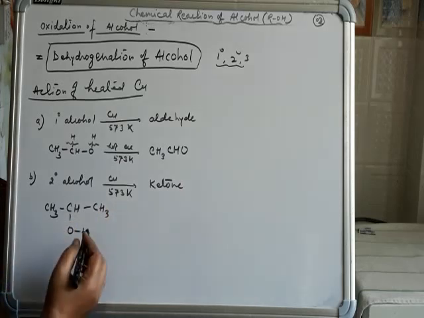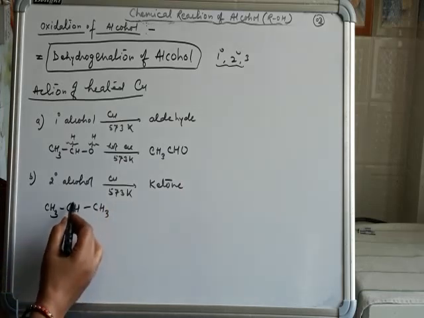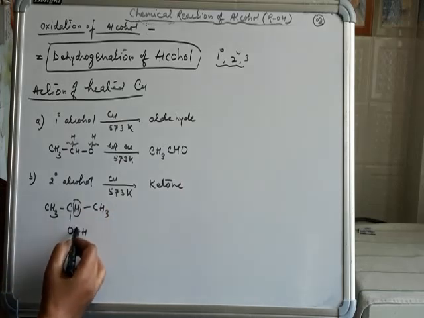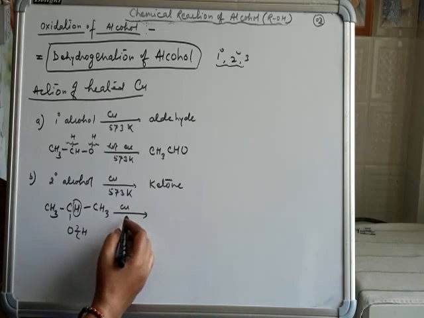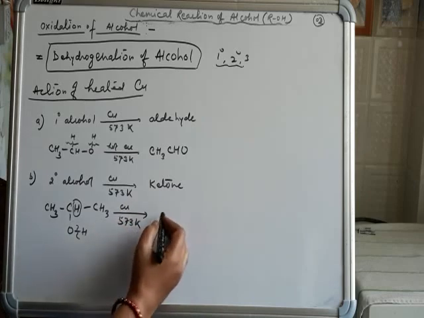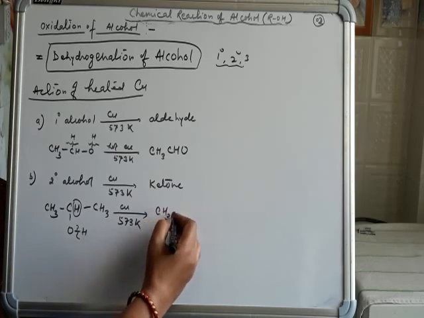Here is the removal of this hydrogen and this hydrogen. When vapors of alcohol pass through the heated copper at 573 Kelvin, the product will be ketone.